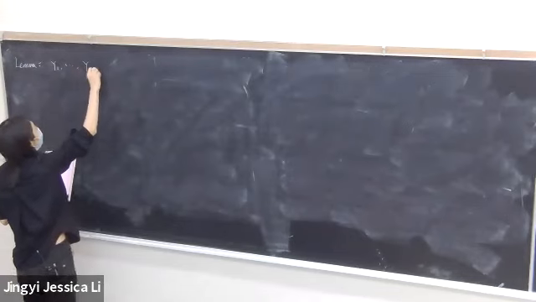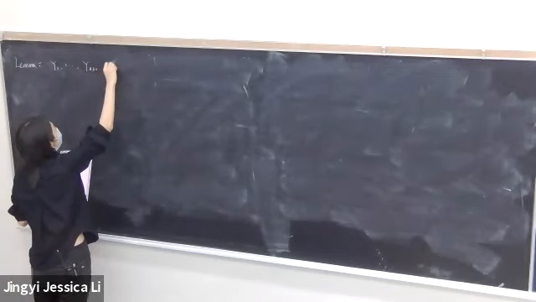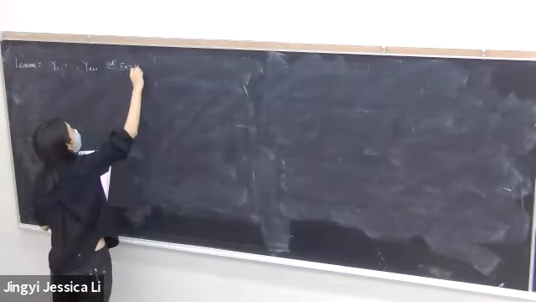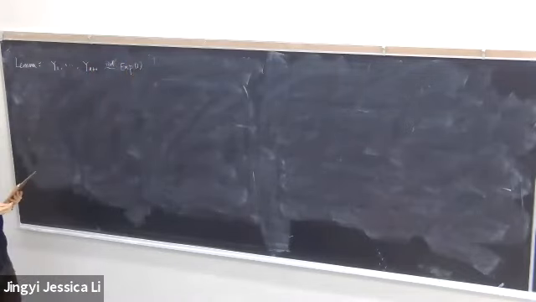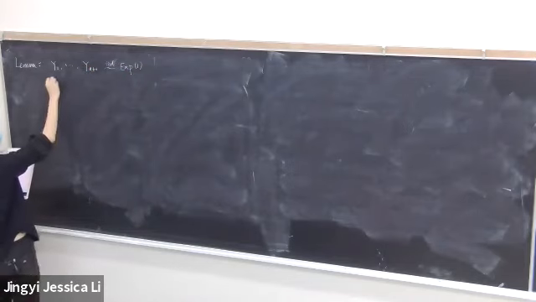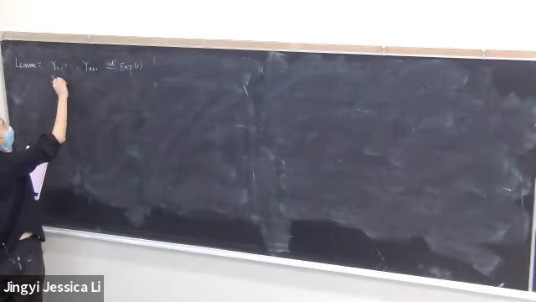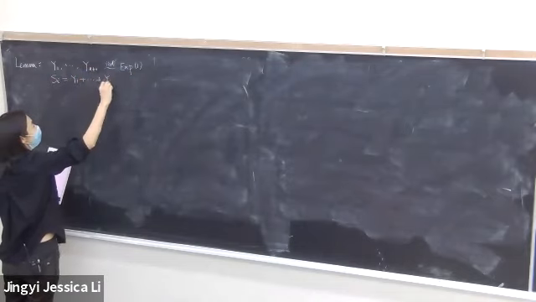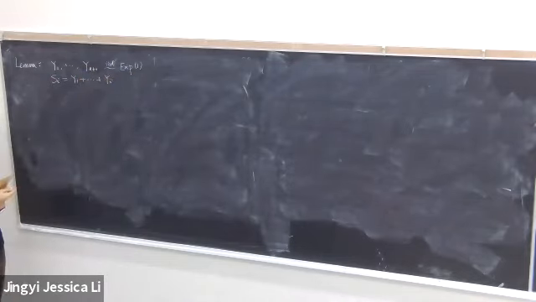So we have Y1 to Y(n+1) IID exponential 1. And we define S_i as Y1 summed up to Y_i, this partial sum.